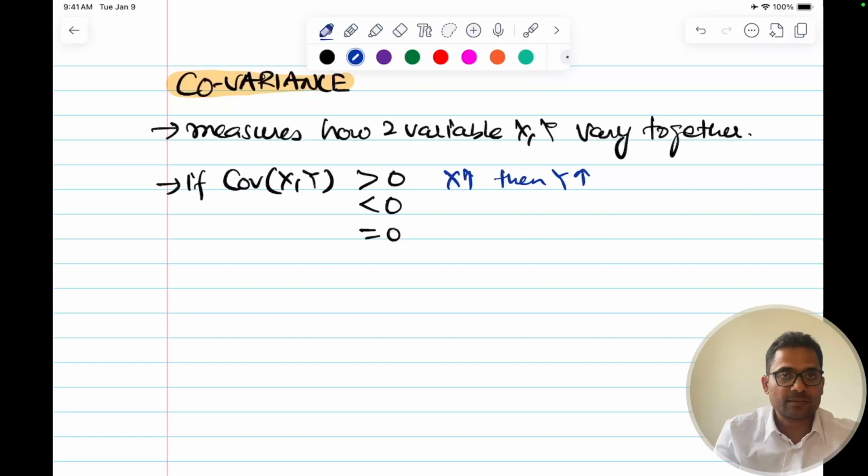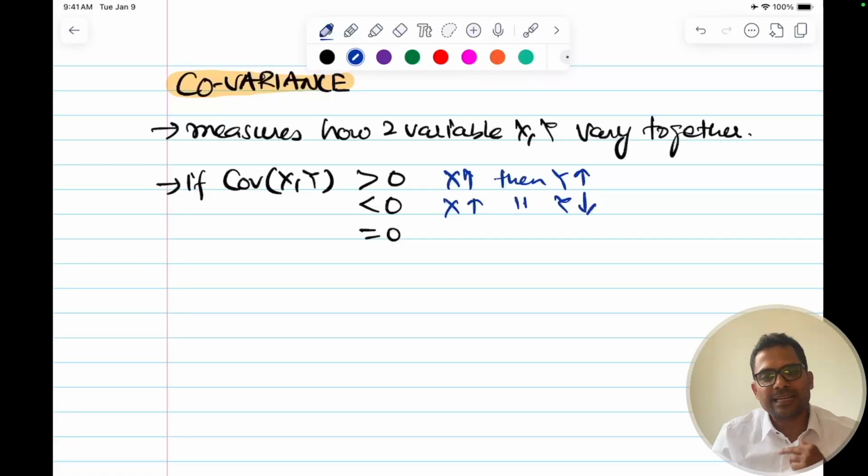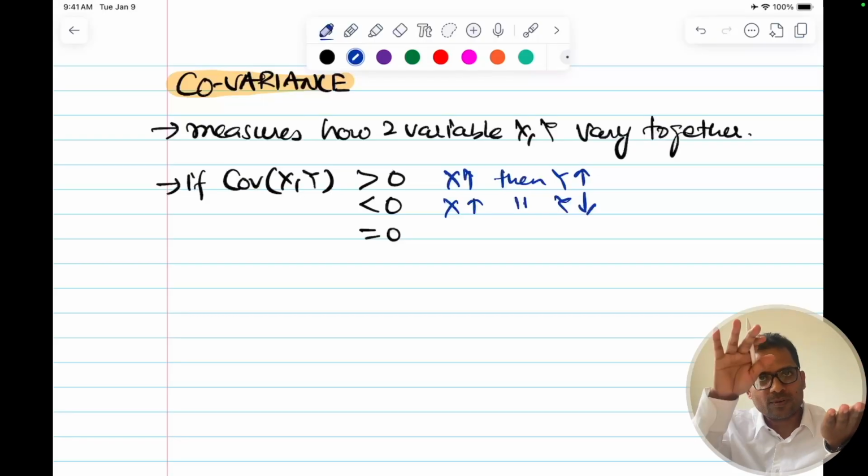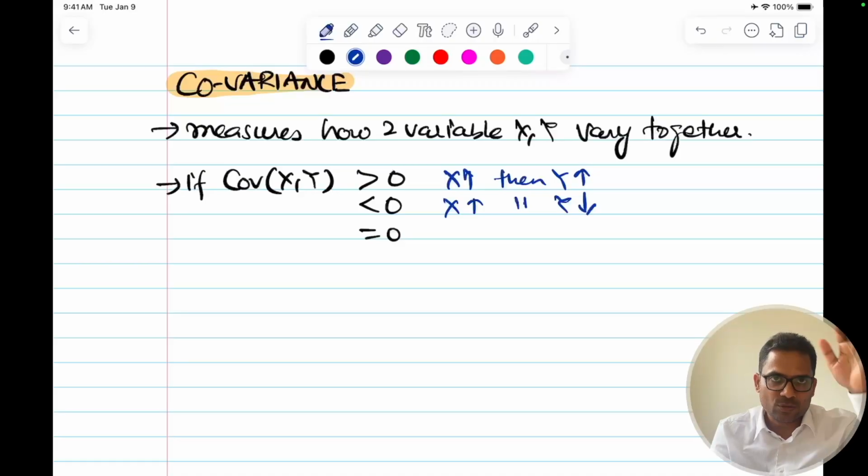If it is less than 0, if x increases, then y decreases. That is negative covariance. If one increases, the other decreases. Positive means both grow together or both come down together. If x comes down, y comes down. If x goes up, y goes up. That is positive covariance. Negative covariance is an inverse relation. X goes up, y goes down. X goes down, y goes up. That is negative. I hope that's clear.